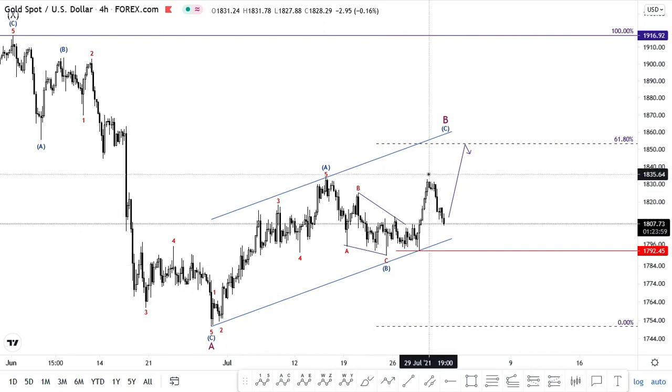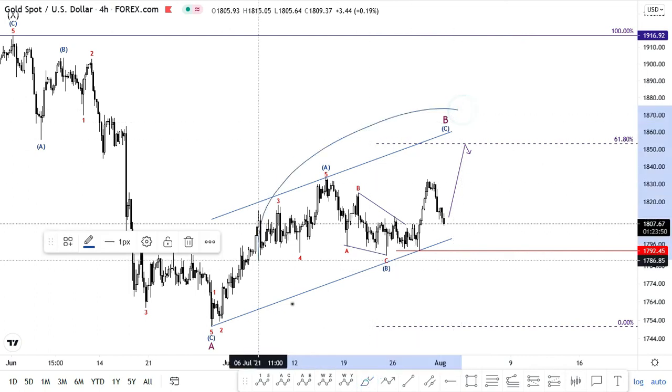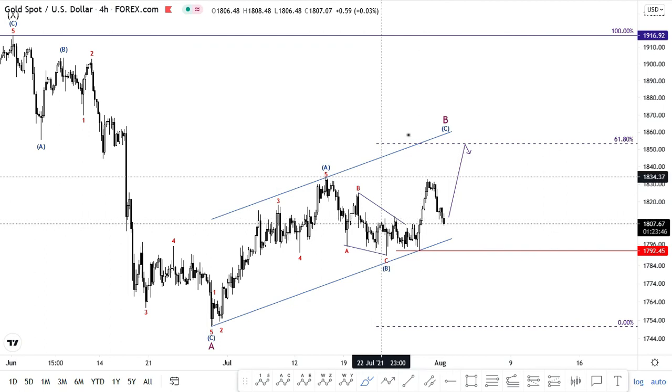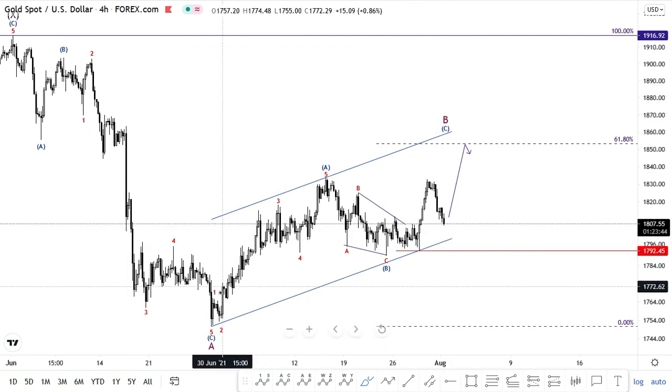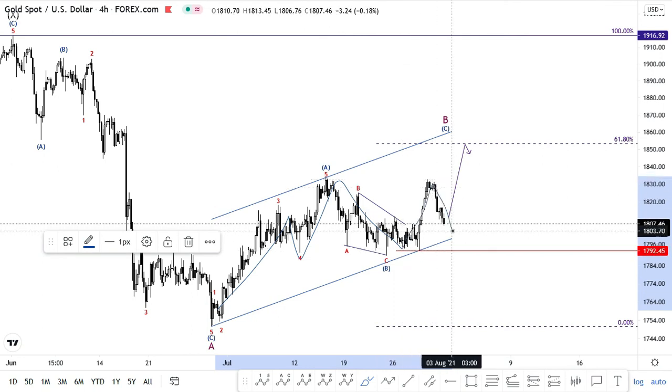Perhaps this might be a wave A, wave B, then we might see a wave C, which will change this whole structure from being just A, B, C into WXY instead. So this is wave A, B, C, X, A, B, C.